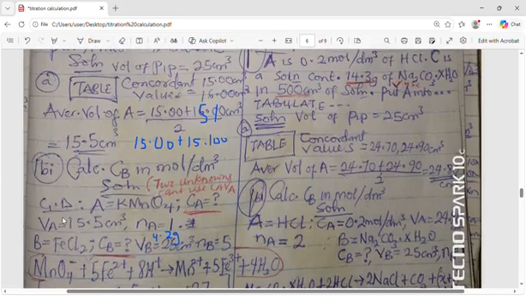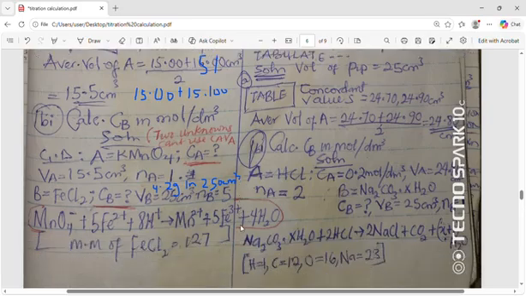So we include that. I told you the reason we are using it here is that there's nothing like percentage, so that's why we are going to use it to get our CB. To get my CB, as I've said earlier, I will make use of this grams per dm cube and convert it to moles per dm cube.